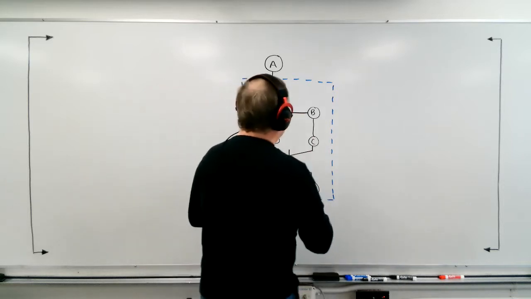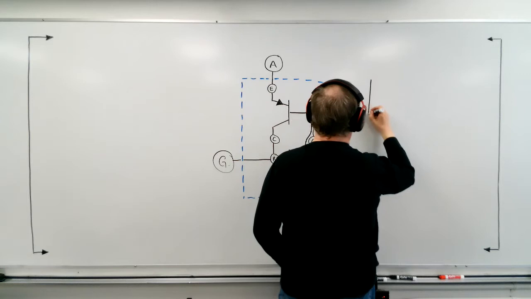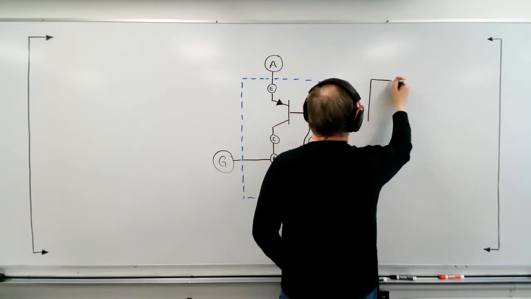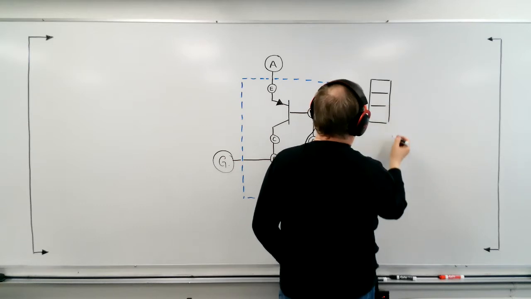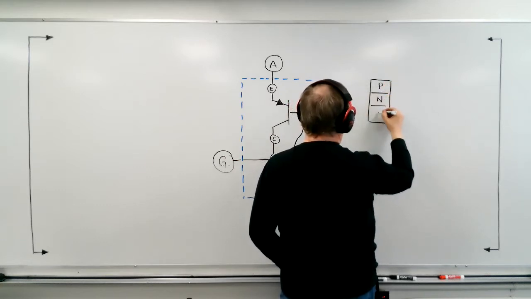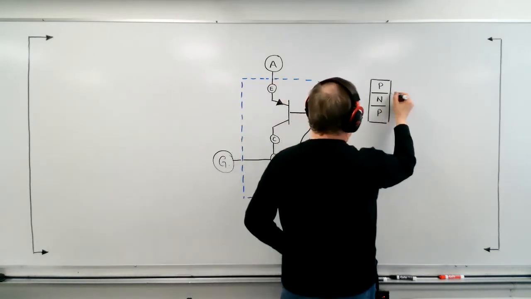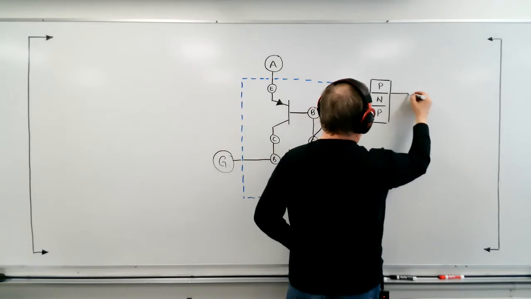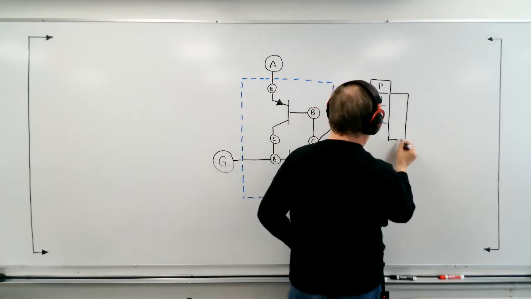And so let me show you what these layers actually look like. If we show the material of a transistor, if we have a PNP, it's like this, PNP. Now, if we were to take this transistor and then take another one and join it together like this, something interesting happens.